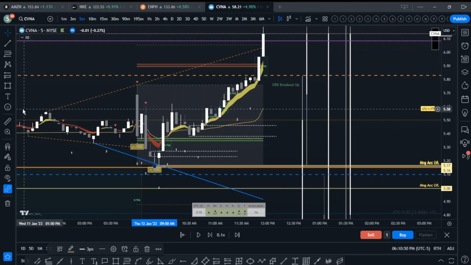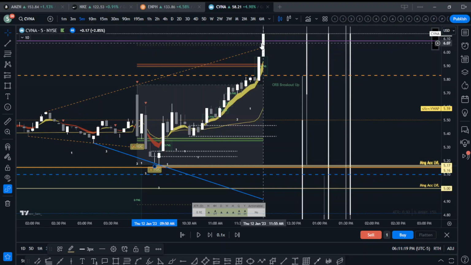We saw the golden cross, this golden cross here, and then we saw the strat combination, and then we entered at this level here. We entered on this candle. Price went down, and then price shot up to the first target point.